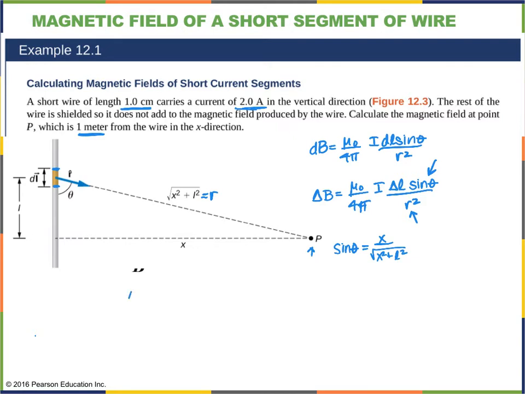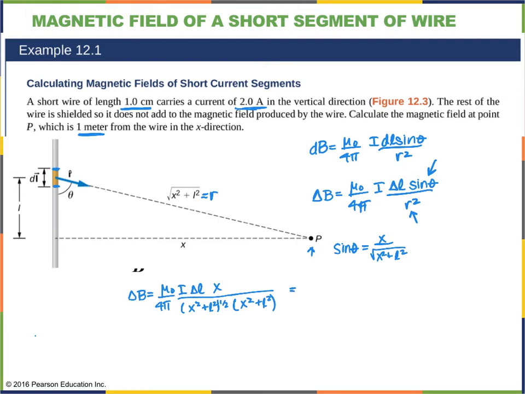So if we substitute that into my delta B expression, mu naught over 4 pi, we get I delta L, and then the sine of theta is going to be x times (x squared plus L squared) raised to the 1/2, and then r squared is going to be x squared plus L squared, because r is the square root of that sum, and so if we square it, we're squaring a square root.